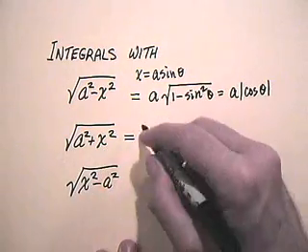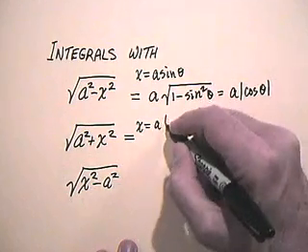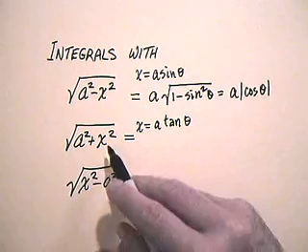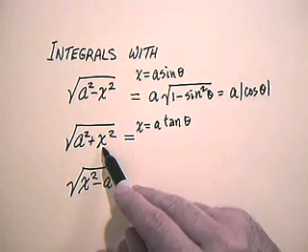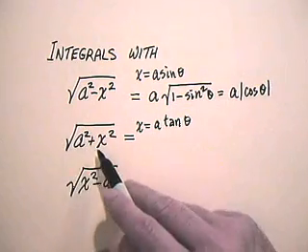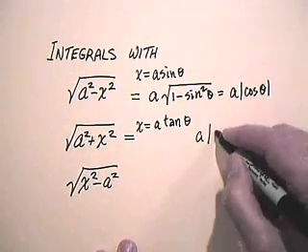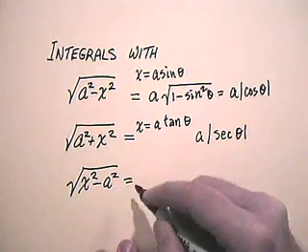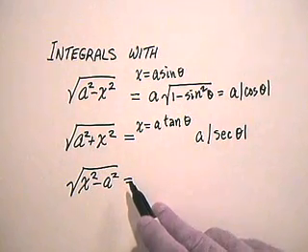Thinking of that, let's try x equals a tan theta. In that case, here I would have a square plus a square tangent square theta. Again, factoring out the a, what we have is simply a times the absolute value of secant theta. Over here, I can use just the reverse of the previous Pythagorean identity.